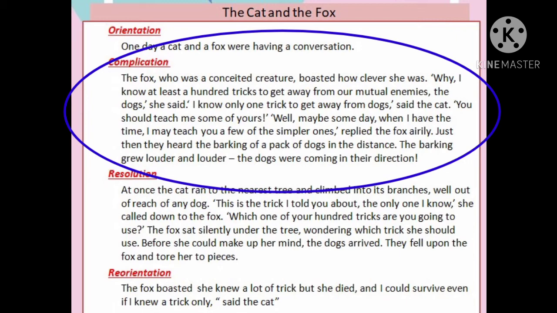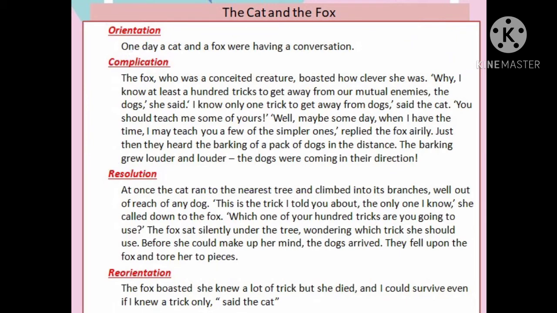Okay, so from the second paragraph, diceritakan bahwa the fox boasted how clever she was. Rubah membual bahwa dia sangat pintar. Sehingga dia mengetahui 100 cara untuk melarikan diri dari musuh. Sedangkan kucing menyebutkan hanya mengetahui satu cara saja untuk melarikan diri dari musuh. Kemudian ini ada just then they heard the barking of a pack of dogs in the distance.